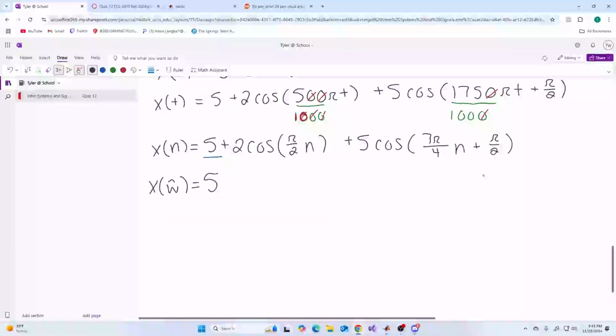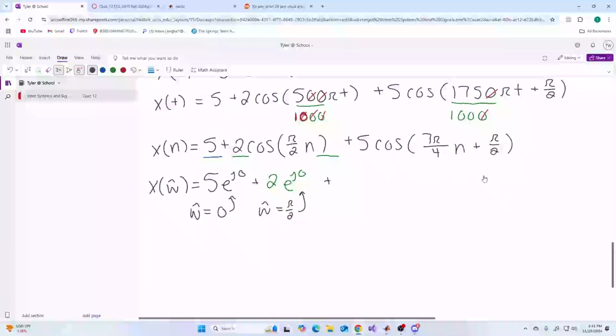My amplitude is 5, and I have no phase, so it's e to the j 0, and this is when w hat equals 0. Plus, now let's move on to this one. I have 2 e, and you notice over here there is no phase shift, so I'm going to have j to the 0. And this is when w hat equals pi divided by 2.